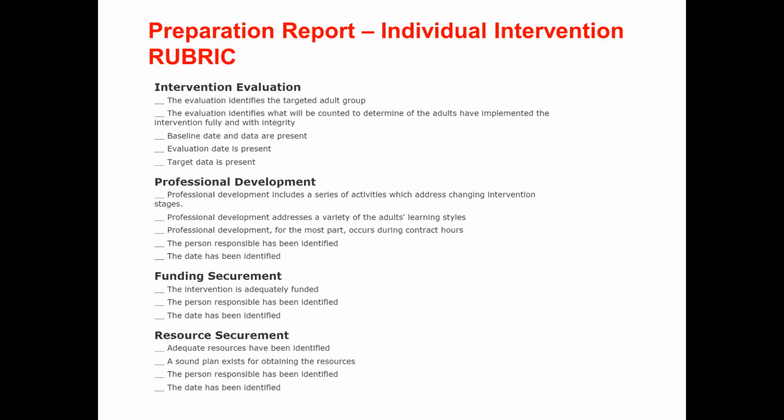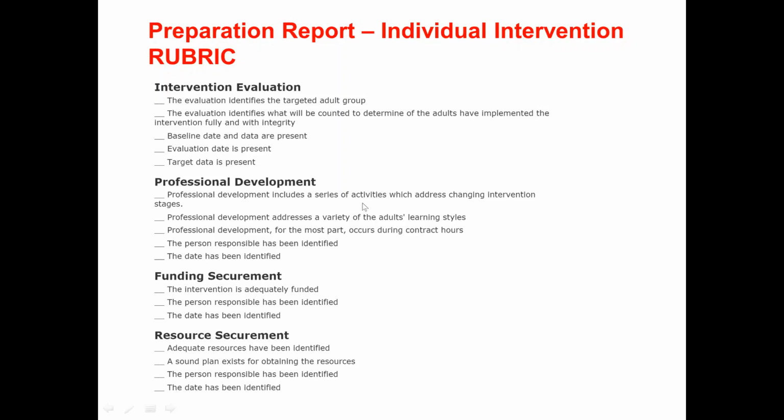Okay. Then there is a rubric that goes with that preparation report, and so once all of your interventions are in and we can access that report, then Tina will go through this rubric item. Probably the one that we flag the most is that the professional development includes a series of activities that address the different professional development stages.